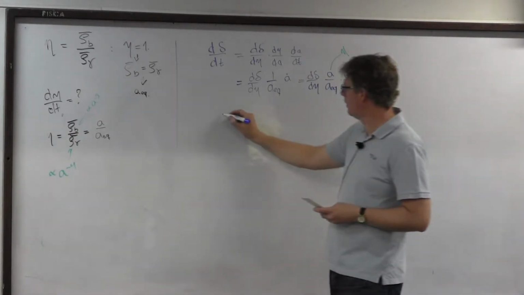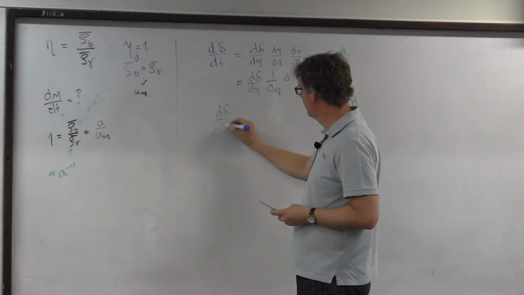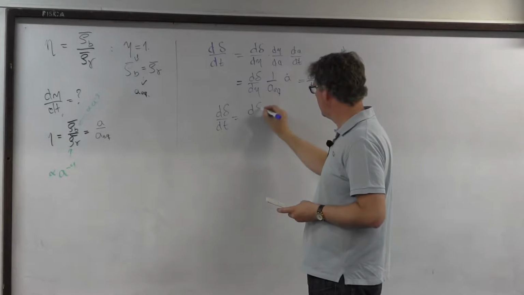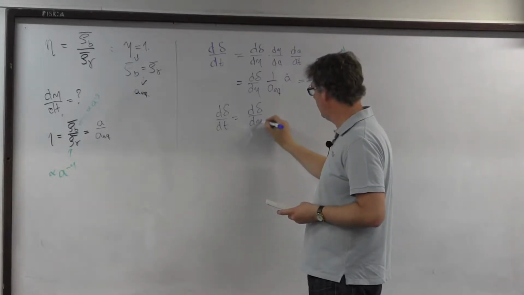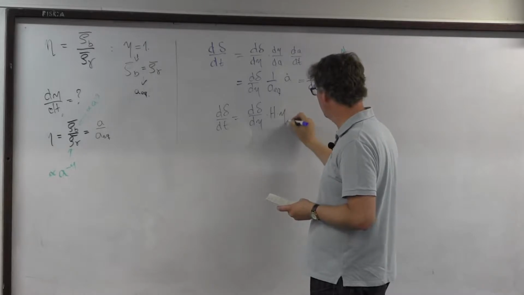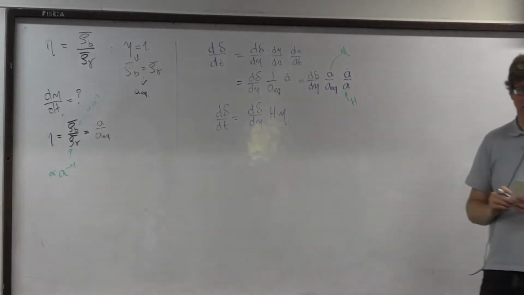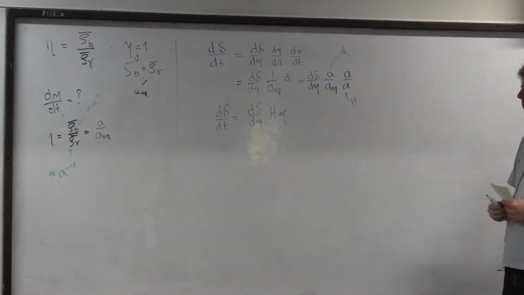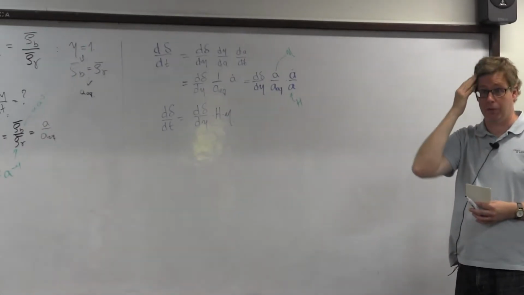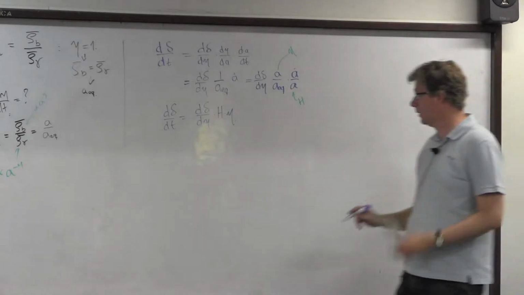And that means that d delta dt is now d delta d eta times H times eta. Okay? And so that's just standard change of variables in a derivative.